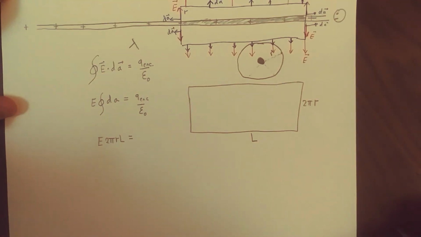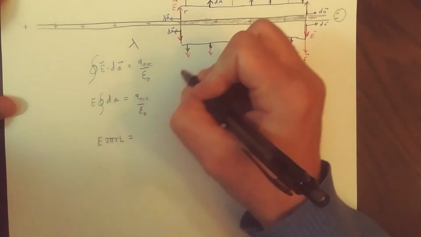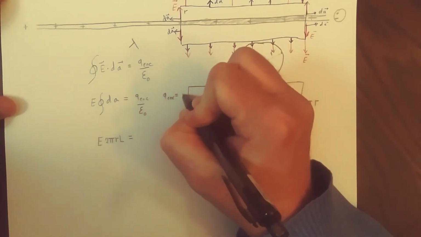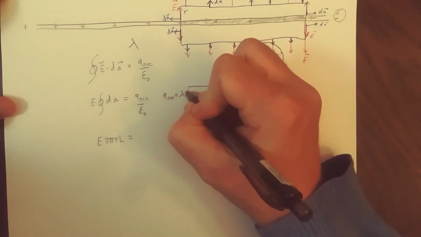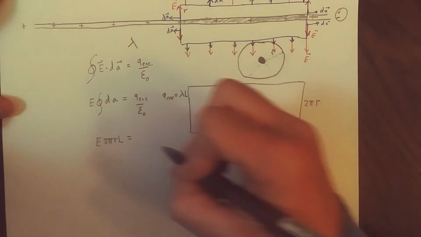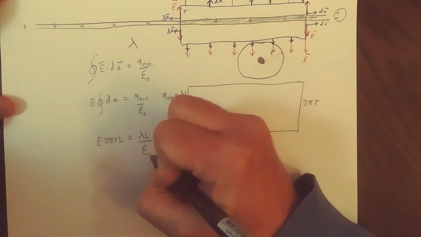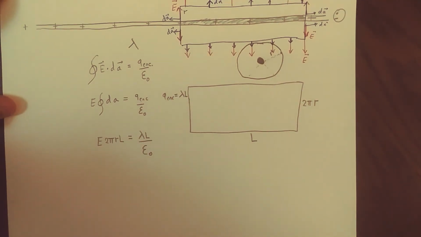How much charge is that? Well, Q enclosed is the charge density lambda times the length. So that's lambda times L. And so Q enclosed over epsilon naught looks like that.